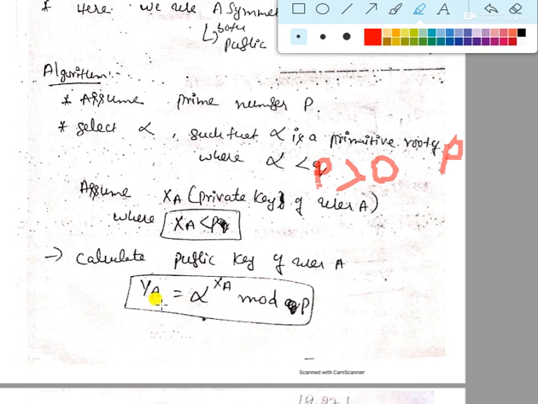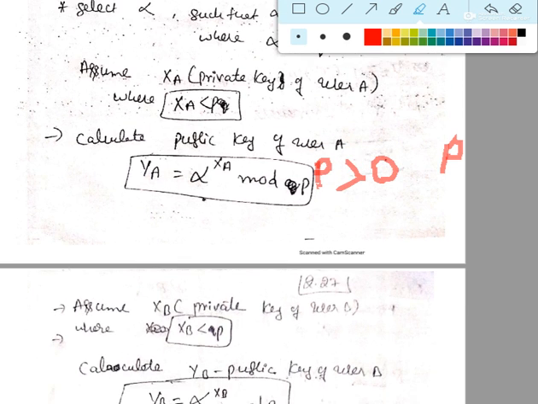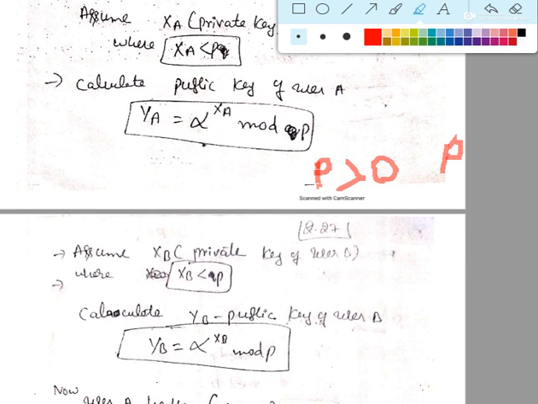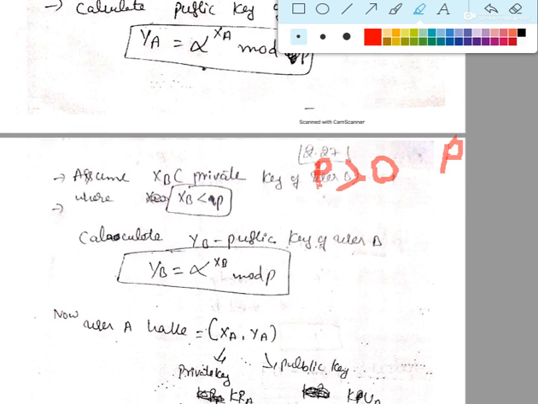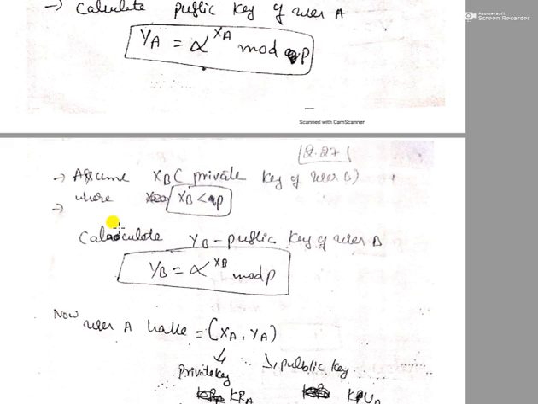In the same way, next we have to generate the public key and private key of user B. So assume XB as the private key of user B. XA is the private key of user A, XB is the private key of user B, and XB is also less than p.